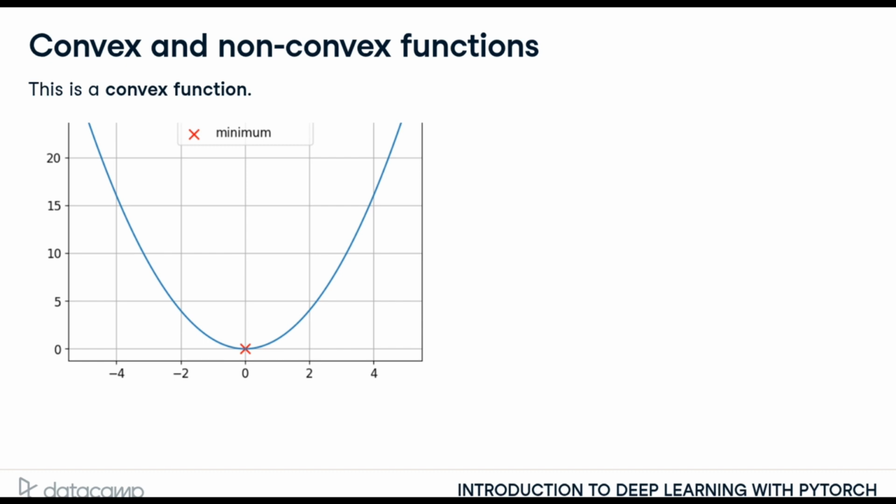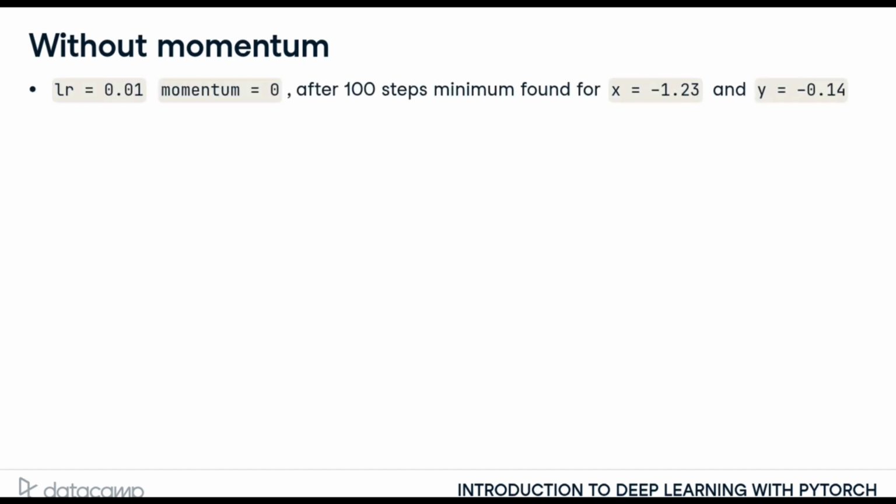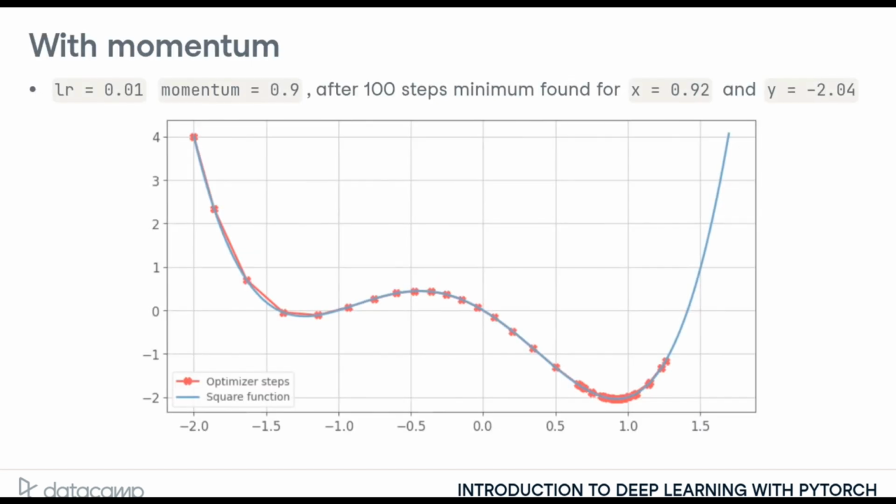Recall that loss functions are non-convex. One of the challenges when trying to find the minimum of a non-convex function is getting stuck in a local minimum. Let's run our optimizer for 100 steps with a null momentum on this non-convex function. We see that the optimizer gets stuck in this first dip of the function, which is not its global minimum.